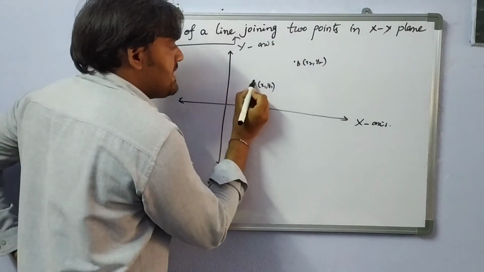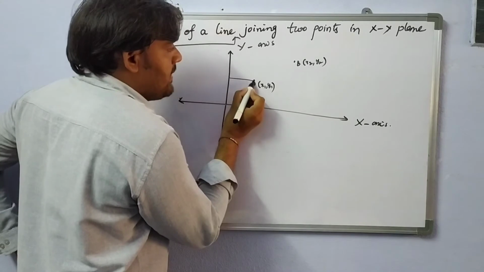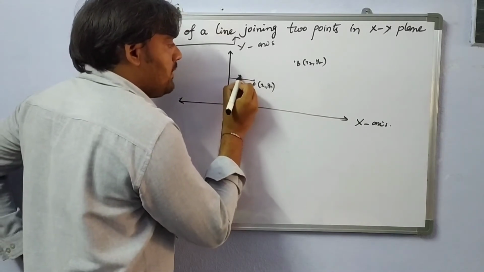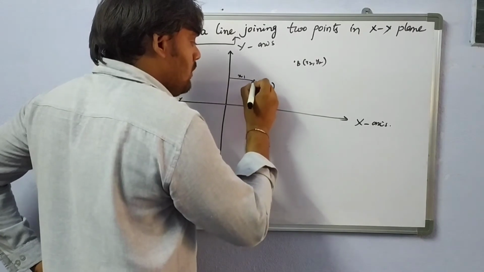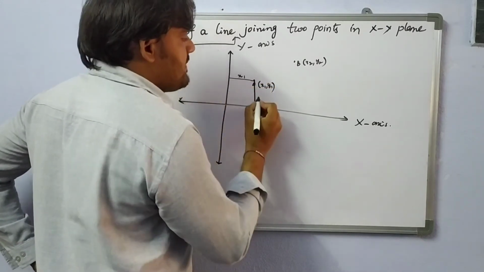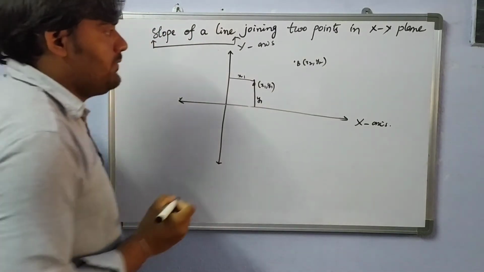The distance from the y-axis to the point is the x coordinate. This is x1. The distance from the point to the x-axis is called the y coordinate, that is y1.